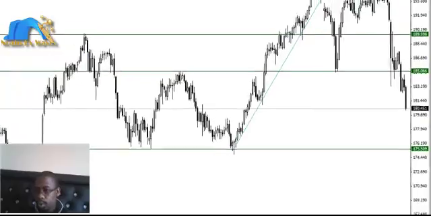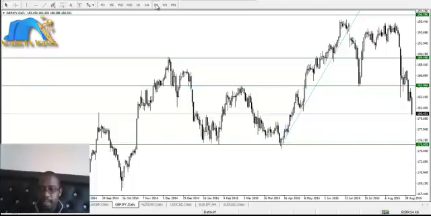So do keep close to your respective currency pairs. Do listen to those fundamental news that do heavily impact your technical analysis or your candlestick charts.